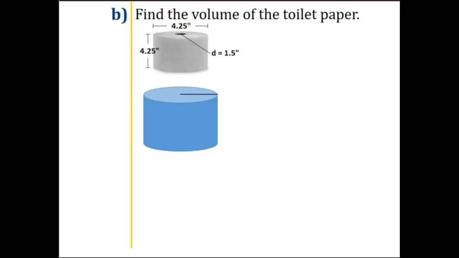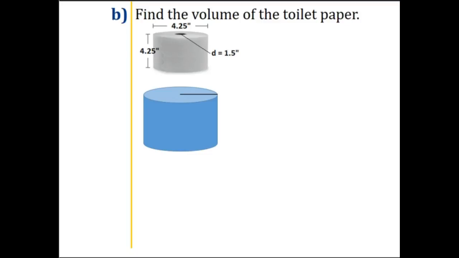So what's half of 4.25? What is half of 4.25? Use your calculators, people. Chloe, what is half of 4.25? You have a calculator right there. Divide it. 4.25 divided by 2.